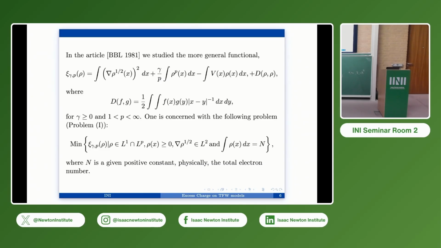From the point of view of the variational principle here, one is concerned with minimizing this energy in the proper space, with this restriction that the integral of rho is N. So not with the connection to the real Schrödinger equation, but from the point of view of the Thomas Fermi von Weizsäcker problem, the thing to study is this minimization problem. And it's always on the full R3, not on some domain. It is in the whole R3.